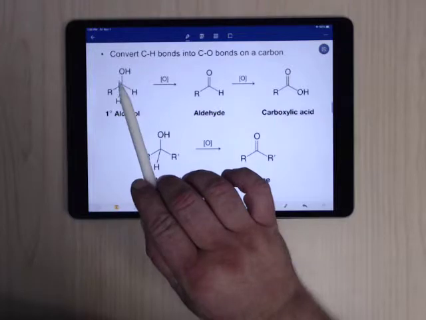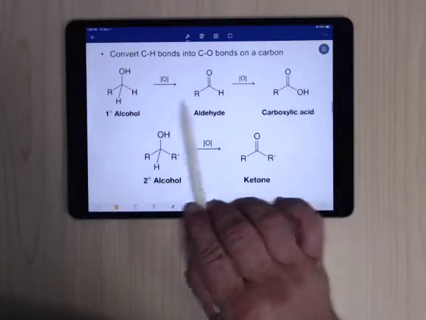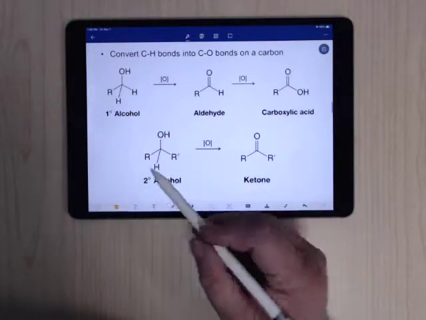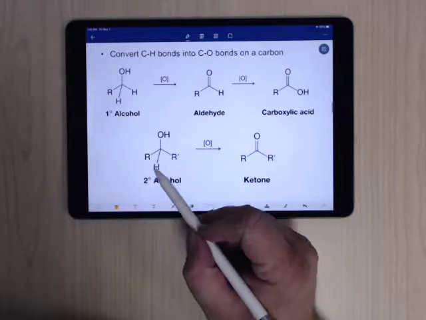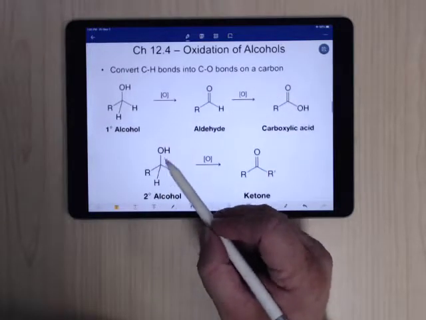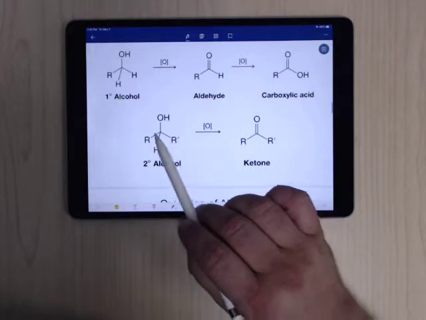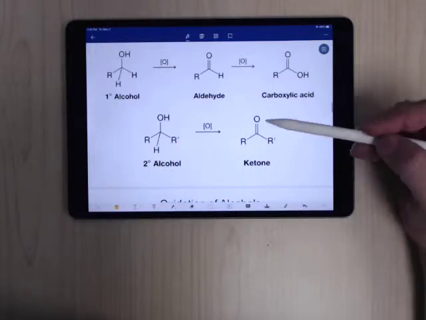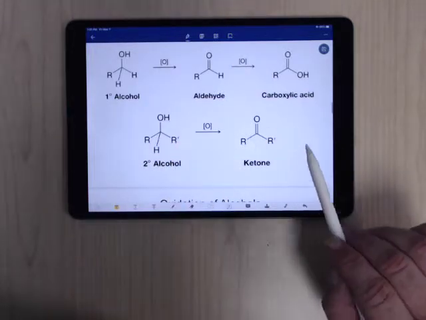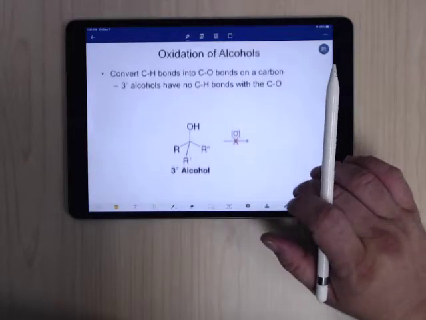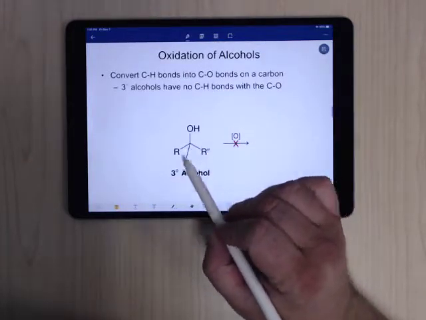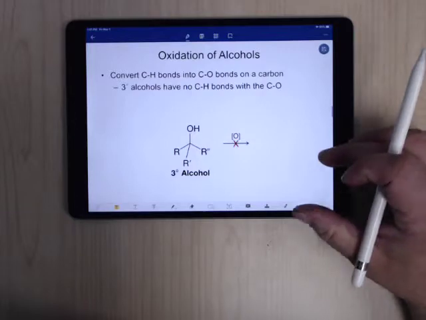So we go from one to two to three C double bond O's because we have two of these. Secondary alcohols only have the single CH bond, so that means we can only increase the number of CO bonds by one. So you go from a secondary alcohol to a ketone. And again, tertiary alcohols don't have the CH bond, so they are going to be resistant to oxidation.